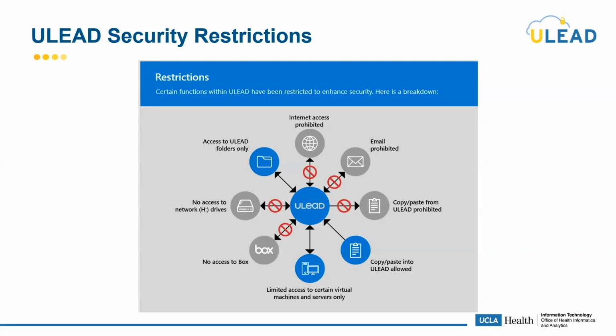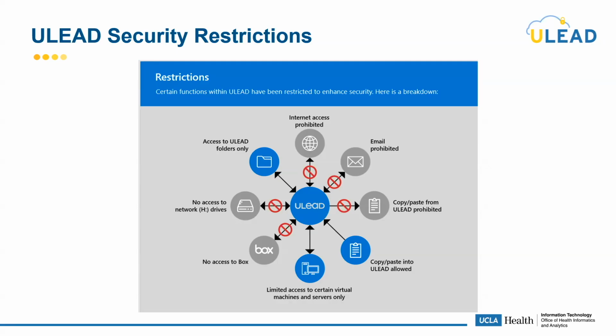Specifically, the internet access is not allowed. There are some very limited sites that are enabled, but access to the open internet is not allowed. We also do not let folks have email within the environment because it allows you to kind of exfiltrate data. Same as with the internet access.